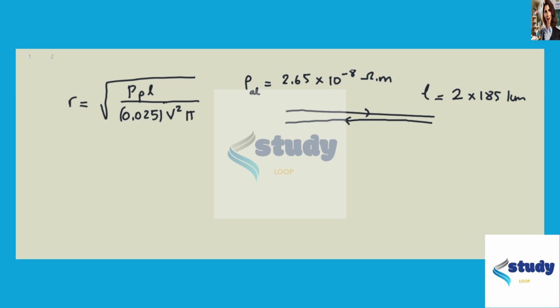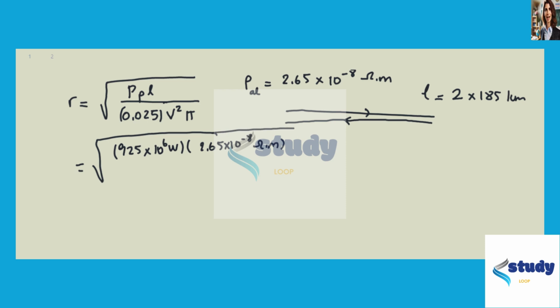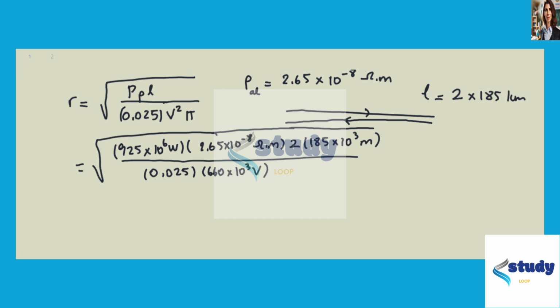So when we're plugging it in for the radius, power was 925 megawatts, so it's 925 times 10 to the power 6 watts, times the resistivity 2.65 times 10 to the power negative 8 ohm meters, times twice 185 kilometers, which is 185 times 10 to the power 3 meters, divided by 0.025 times 660 kilovolts, but we're going to convert that to volts.